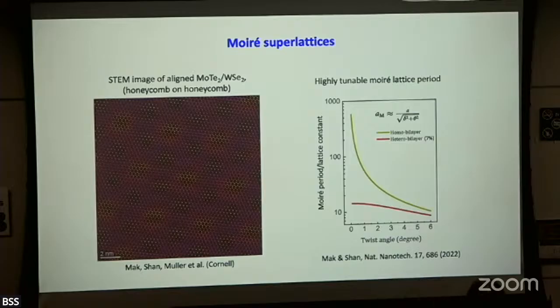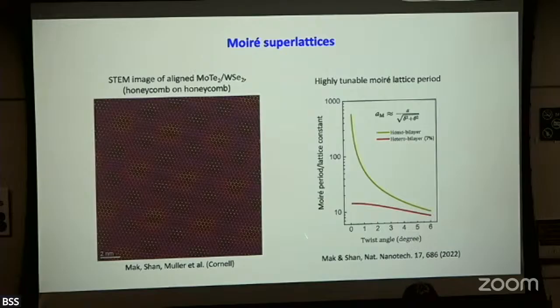Or you can have two different lattices with a lattice mismatch. You can put them on top of each other by doing second harmonic generation. You know the crystallographic axis of each already, and then you bring them together, and you can add a twist angle or keep them well aligned.